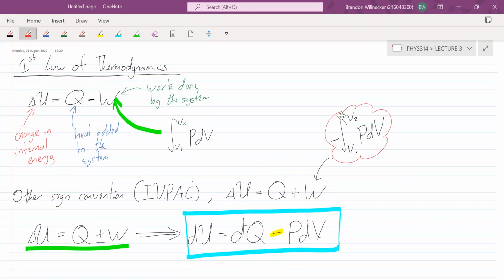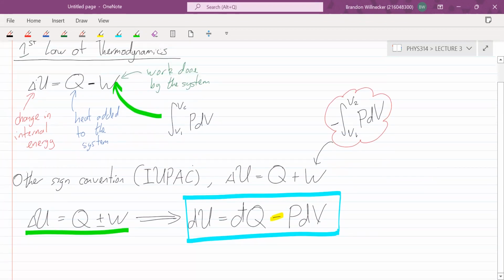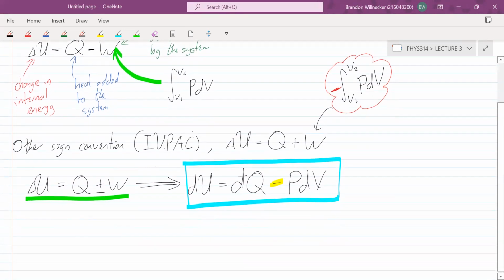So when you take the differential, you always get that minus sign. Okay, so it's like hidden inside the W here. So when you find dW, it's always this P dV with the minus sign here, in the blue box. Okay, so that's always there. This is not a sign convention.